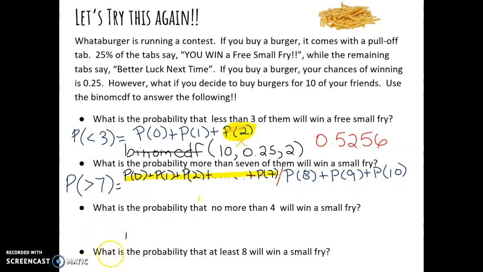So how do we do this in the calculator? We're going to do 1 minus binomcdf, 10, .25, and then our x, where do we need to leave off? We need to stop at 7.